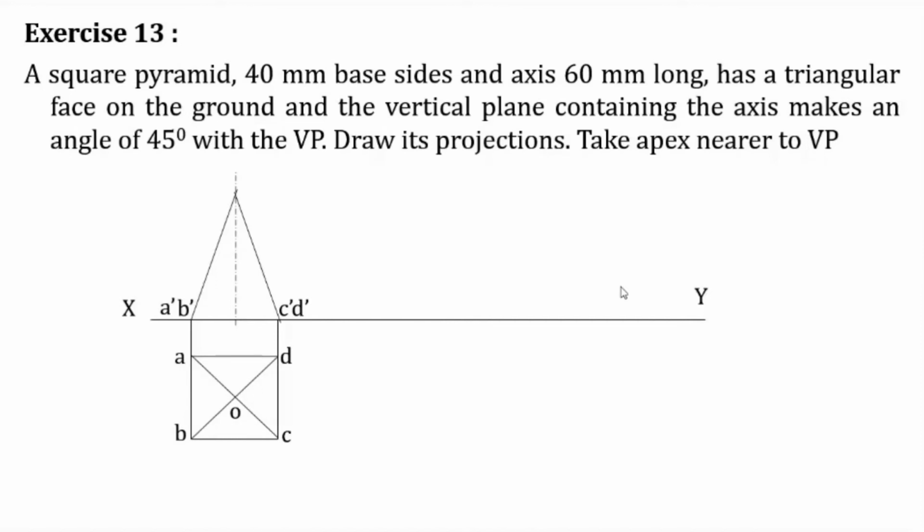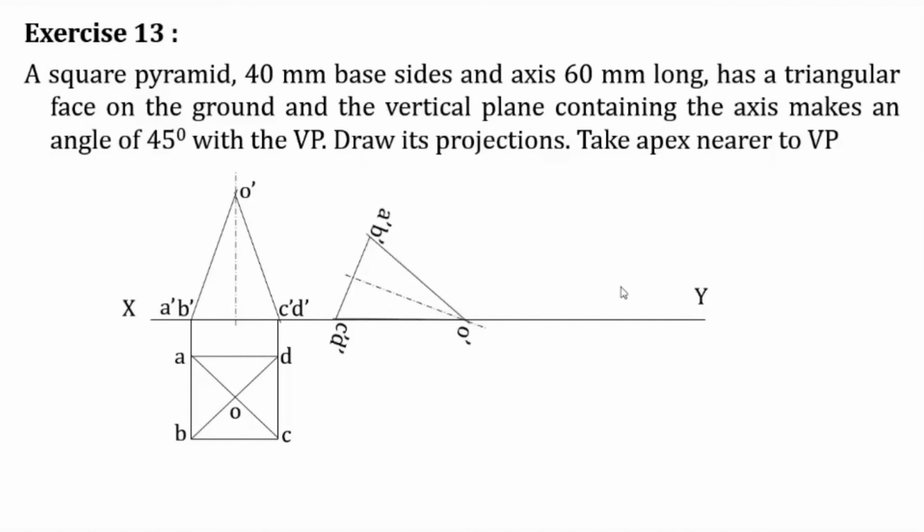The top view is drawn with two of the sides perpendicular to the XY line, since when we rotate it with respect to the HP, one of the triangular faces should be coinciding with the XY line. That is why we draw it like this. And O dash is also marked.